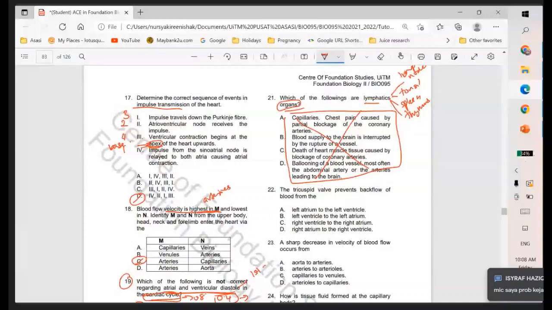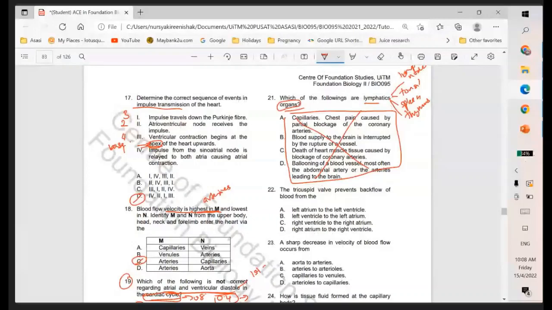Okay, so no problem. So the answer by Ishraf, okay, tak apa. Okay, 22, the tricuspid valve prevent the backflow of blood from the right ventricle. You answer, okay, C, right ventricle and to the right atrium.